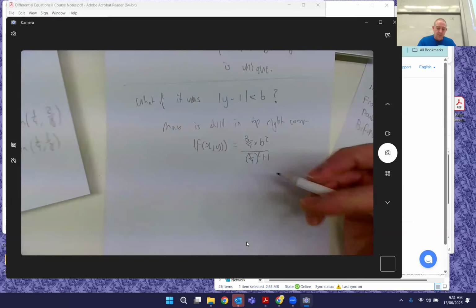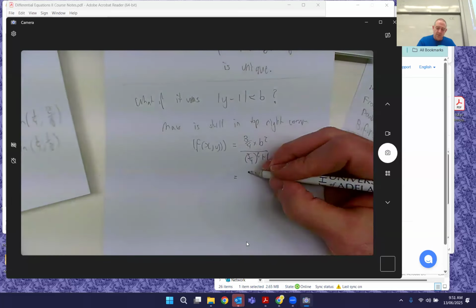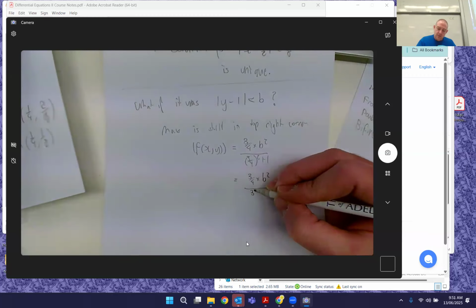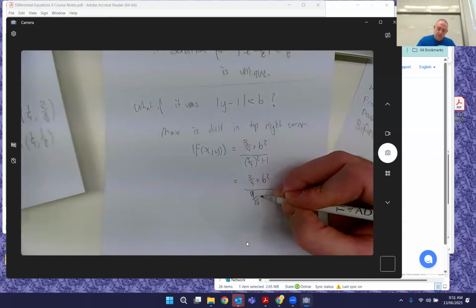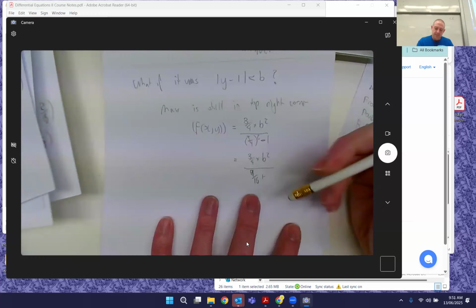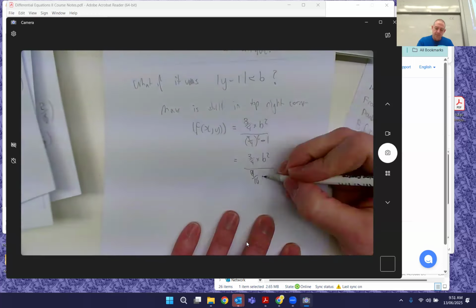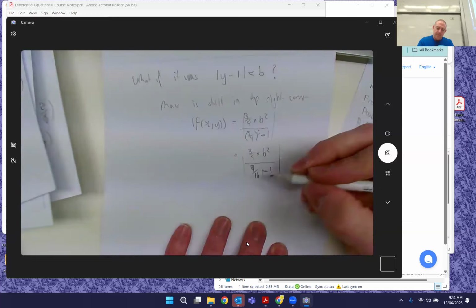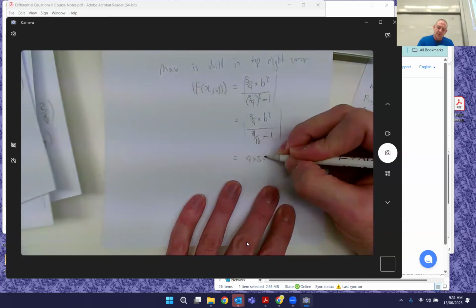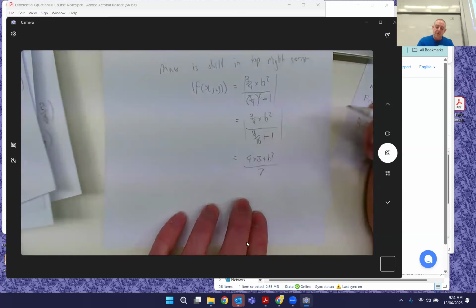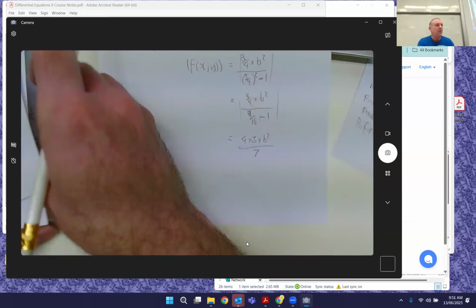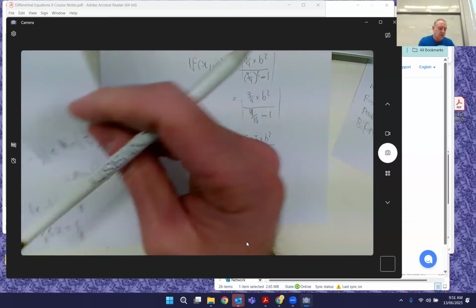Yep. And I would do the same trick, but I'm not going to be able to do it off the top of my head. Oh, it was a minus 1, wasn't it? So I'm still going to get my 4 times 3 times b squared over 7. I'm just skipping a bit of working, just trying to follow what I did last time.